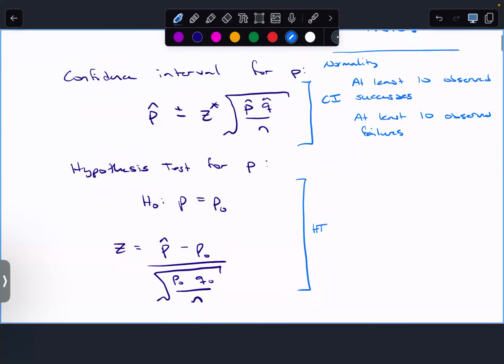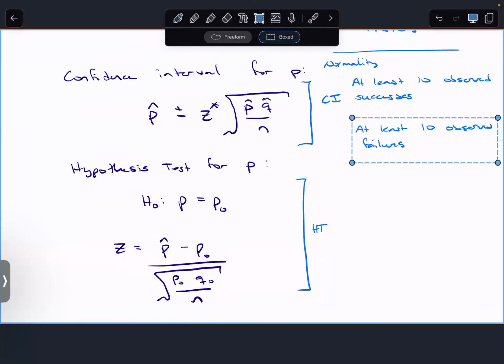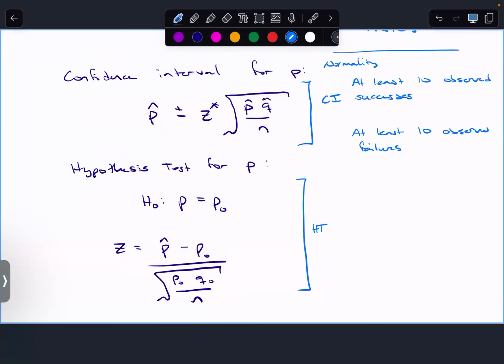Mathematically, this looks like n times p hat has to be greater than or equal to 10, and this looks like n times q hat has to be greater than or equal to 10.